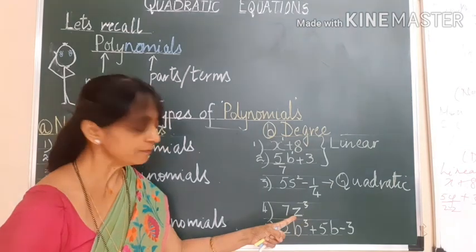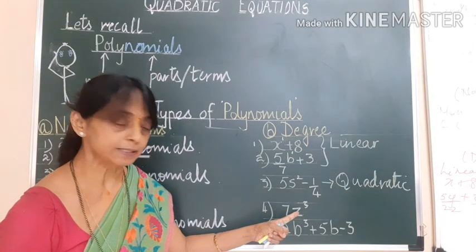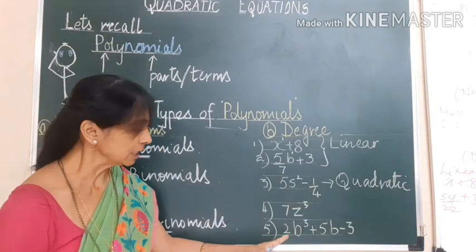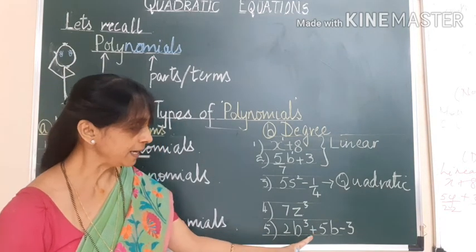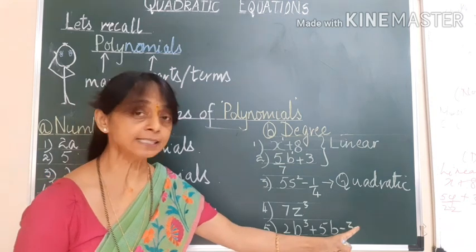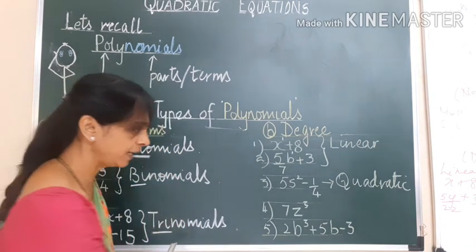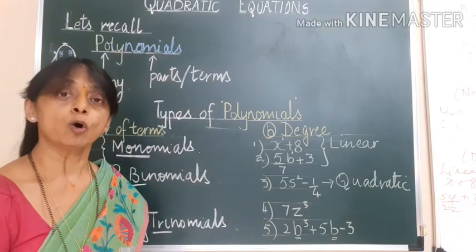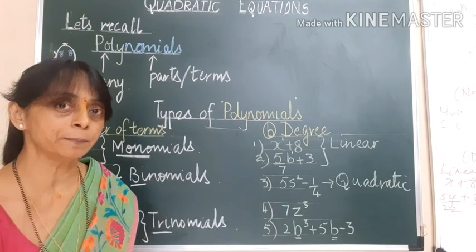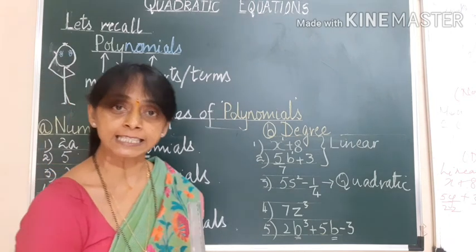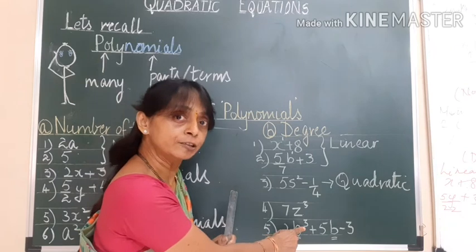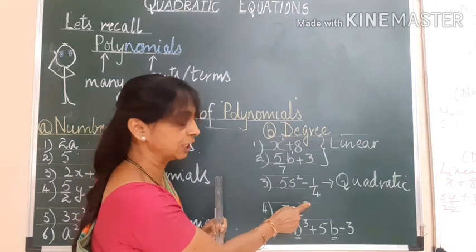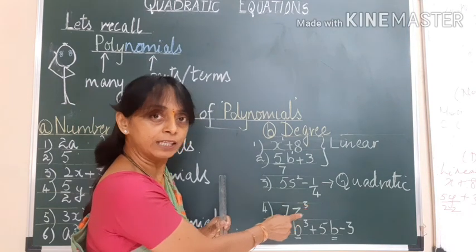The next example we saw over here, the degree of the variable z is 3. Let's see the last example also, children. 2b cubed plus 5b minus 3. Which is the variable present over there? The variable present is b. But what is the highest degree of that variable b present in the whole algebraic expression? The highest degree is 3. So, like the earlier example, in 7z cubed, the highest degree of the variable is 3.